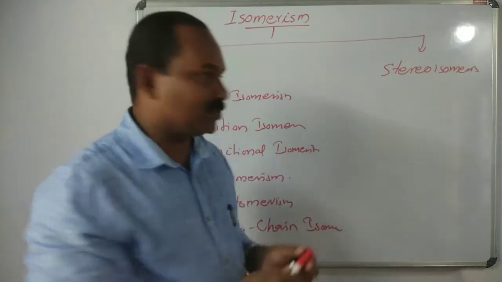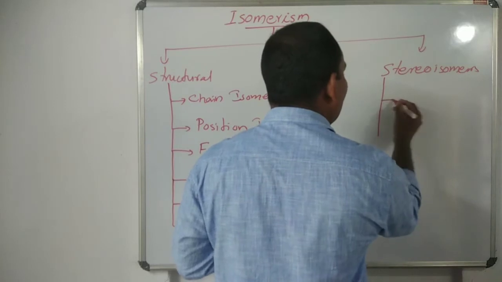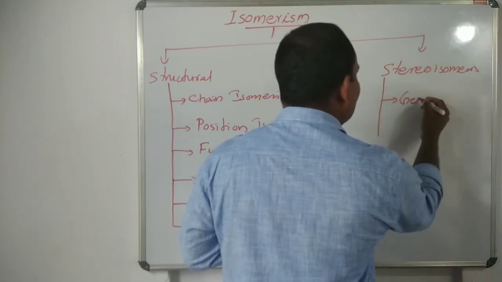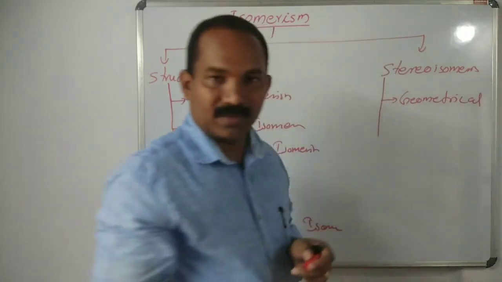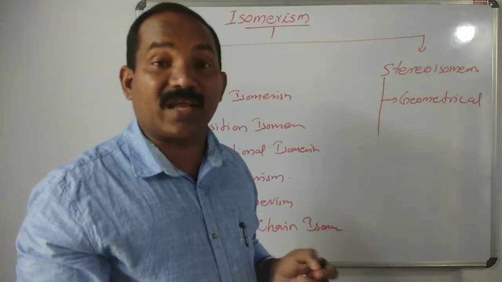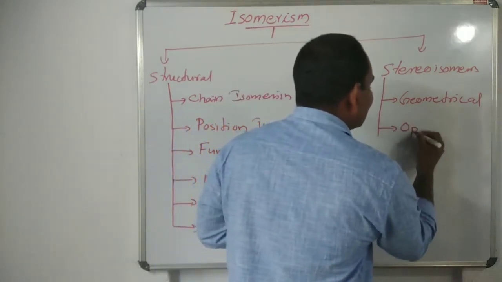Stereoisomerism is classified into geometrical isomerism, in that cis-trans isomerism, and then optical isomerism.